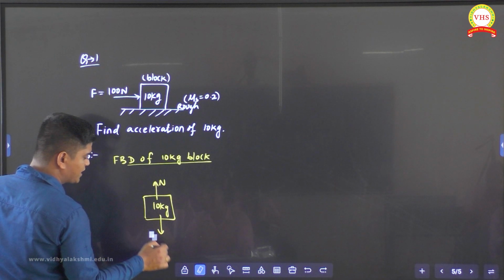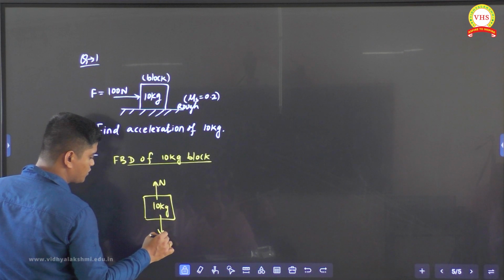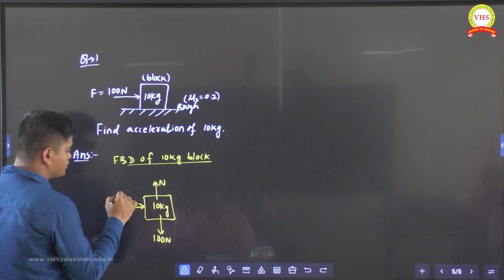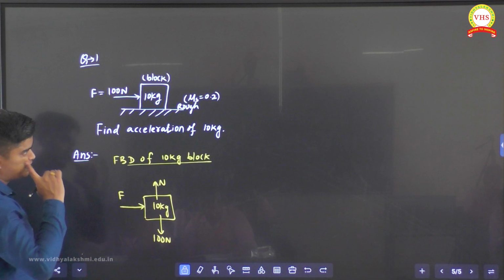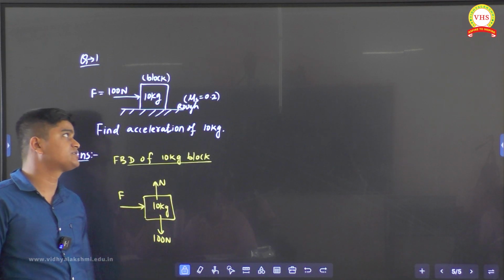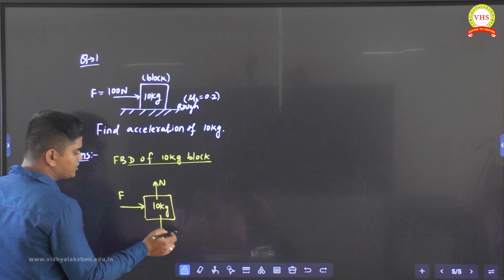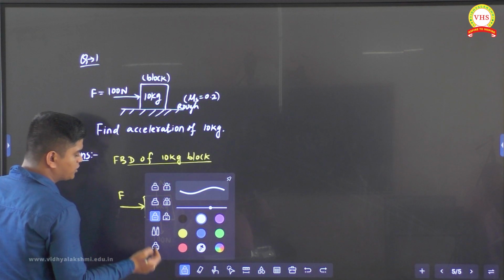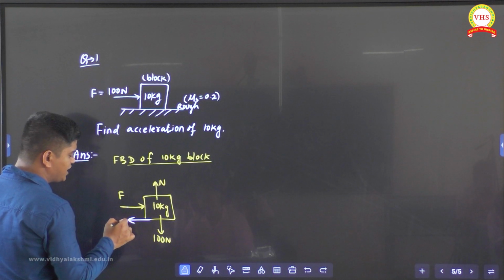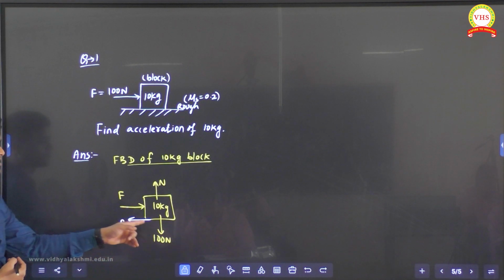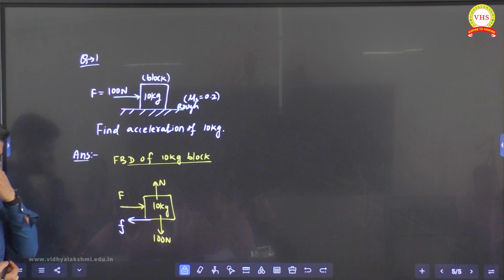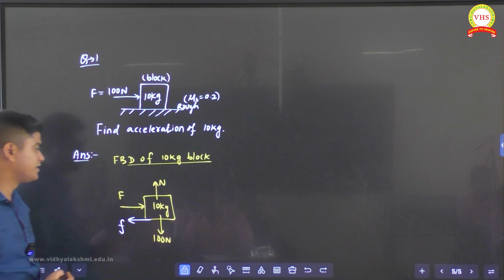In this direction one force is acting, which is capital F, so this force tries to move the object rightward. Friction will act so as to oppose that motion. So friction acts in the opposite direction, parallel to the contact surface.